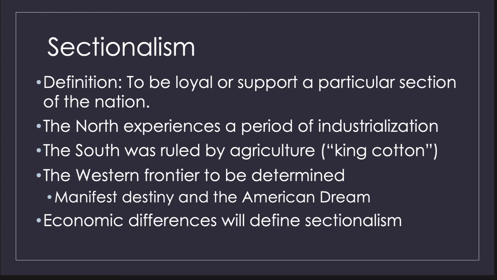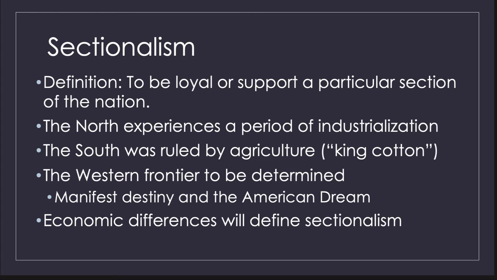We're going to see the economy of the West change very much, but the West represents this idea of the American dream, that as America expands under this idea of manifest destiny, it is our job, it is our duty to expand from one side of the United States all the way to the other side, from ocean to shining ocean.